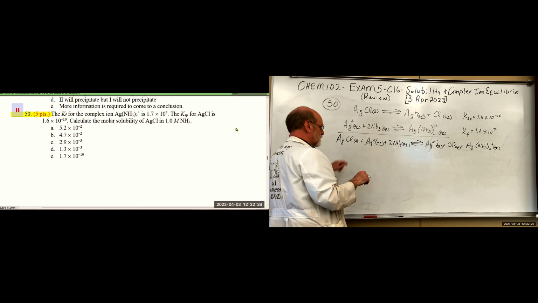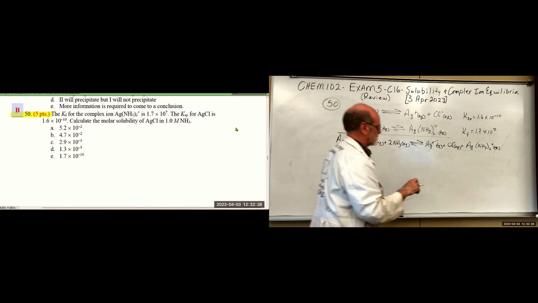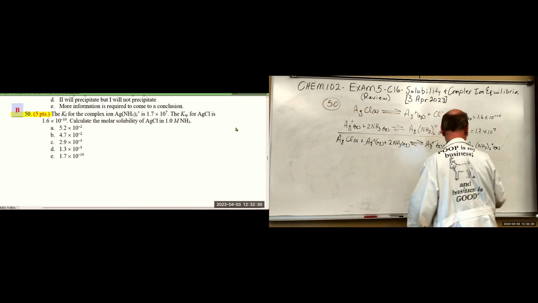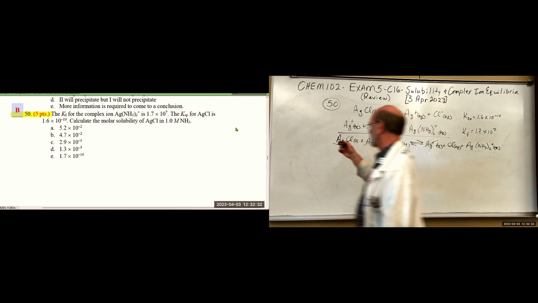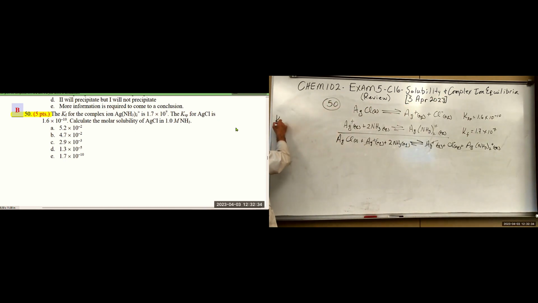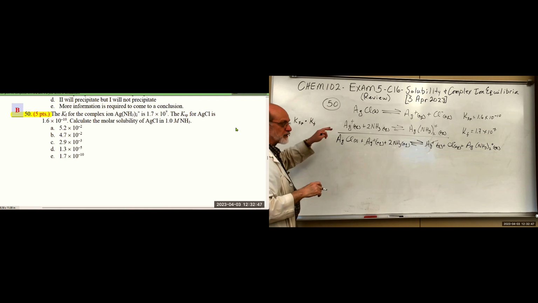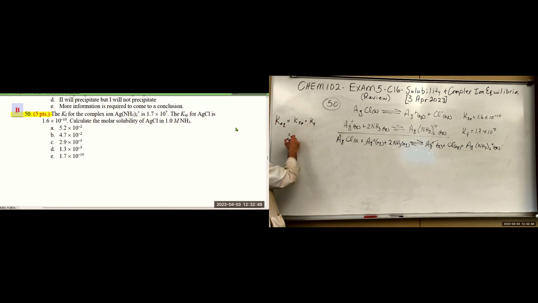Okay, so what's the KEQ for this one? Let's see, let's put it over here. The KEQ for that reaction is KSP times KF. Right? Because we added these together, we multiply the equilibrium constants.